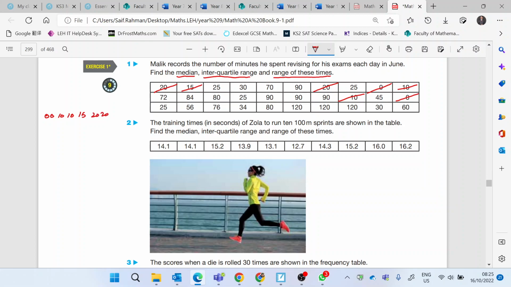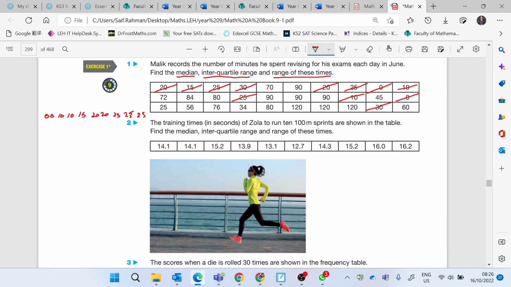Two 20s, and then it's 25. How many 25s? One, two, three. Three 25s. After that it's 30. I've got one 30 here.